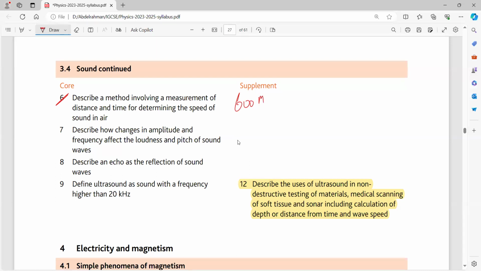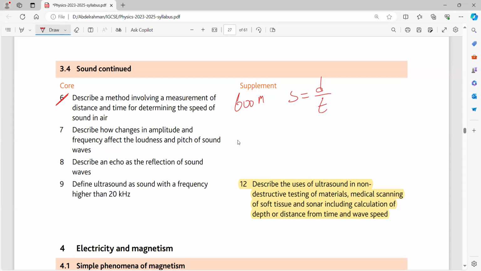When student A fires the smoke gun, student B starts the stopwatch when he sees the smoke, and stops it when he hears the sound. Then he has the time difference and the distance, and he can calculate speed equals distance over time.